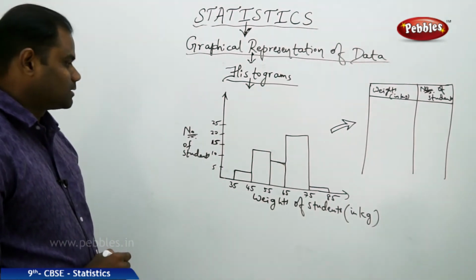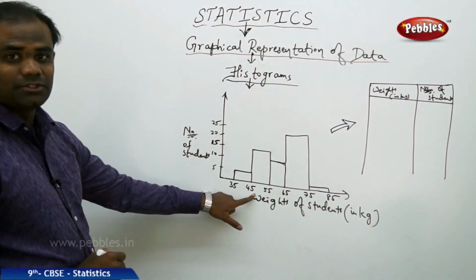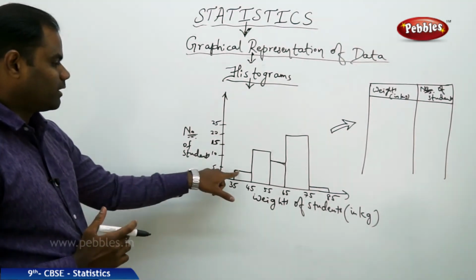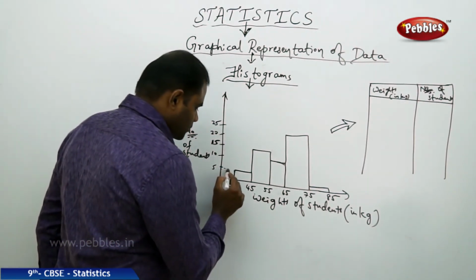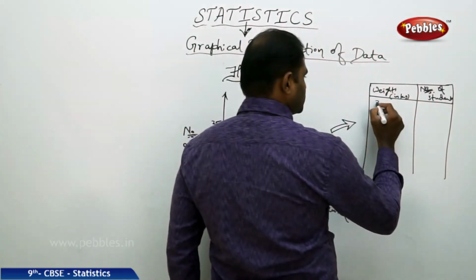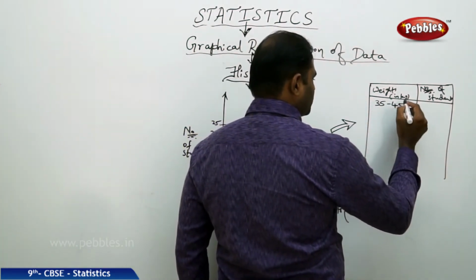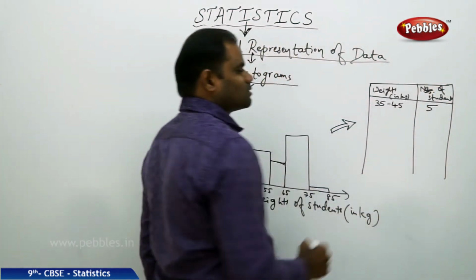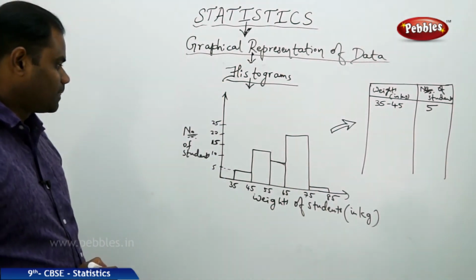I clearly see that the 35 to 45 kg range gives me 5 students. So the students who weigh between 35 to 45, there are 5 students lying between that weight.